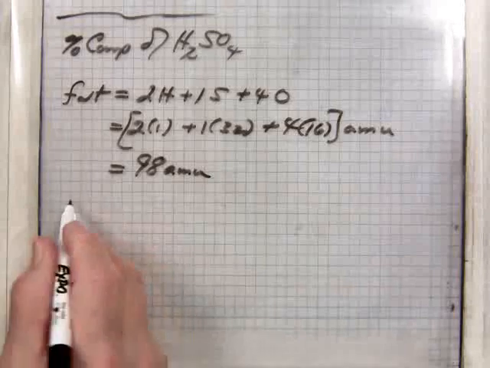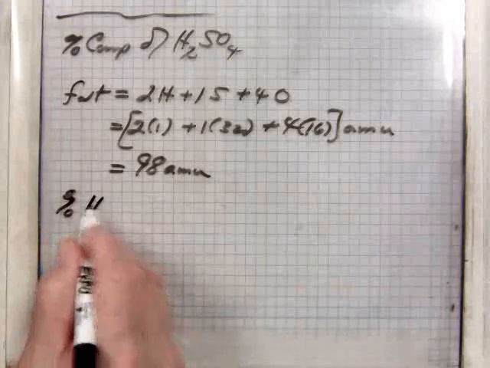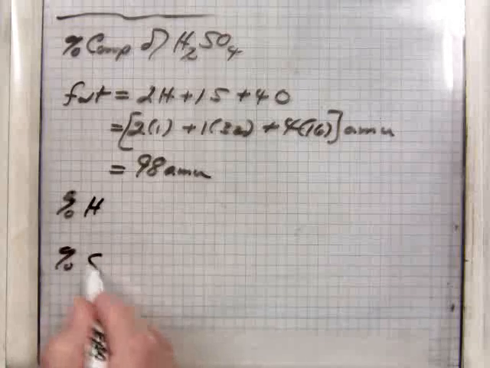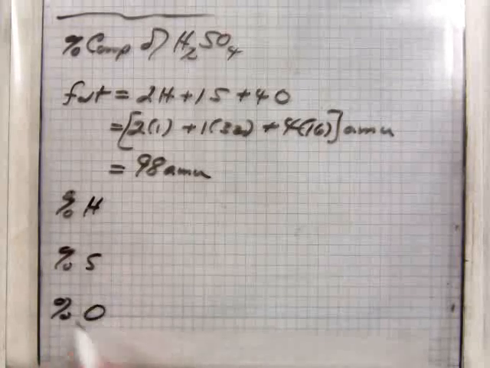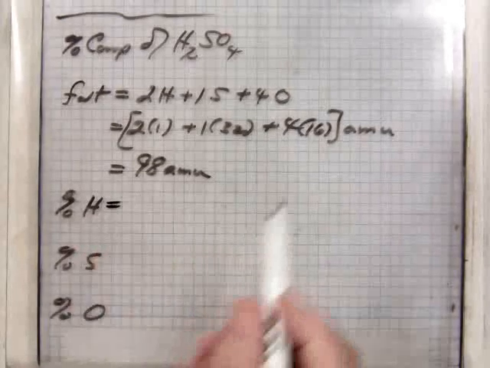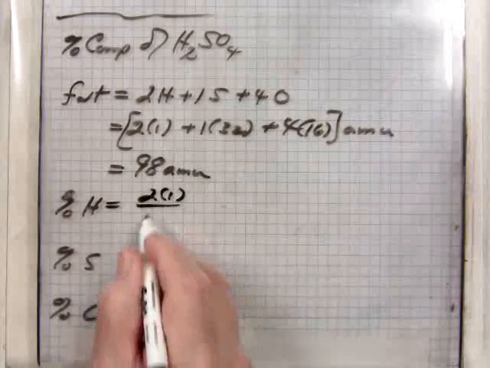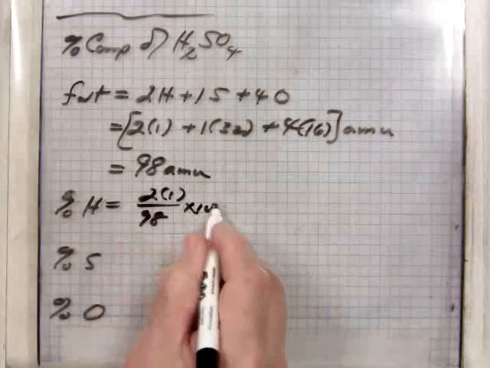Okay, so we take each one of the elements, hydrogen, sulfur, and oxygen, and apply the percent definition, part over total times 100. And so your hydrogen is 2 times 1 over 98 times 100%.